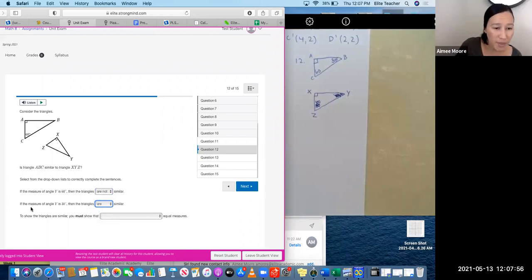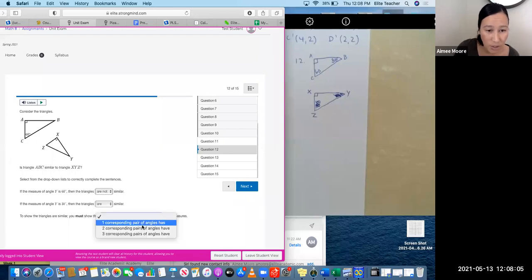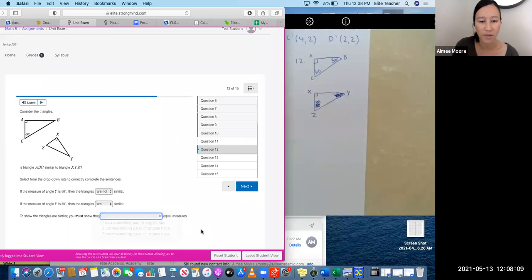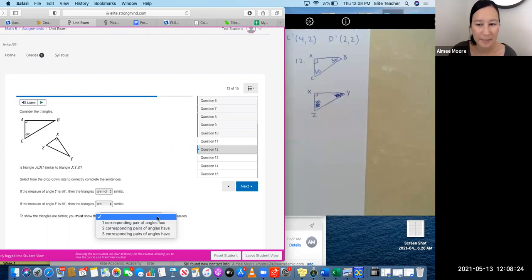So to show the triangles are similar, you must show that one corresponding pair of angles has equal measures, two corresponding pairs, or three corresponding pairs of angles have equal measures. What do you guys think?